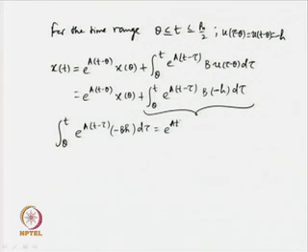Again you take out this term e to the power a t, because the integral variable is tau. So, it gives us theta to t e to the power minus a tau minus b h with d tau.